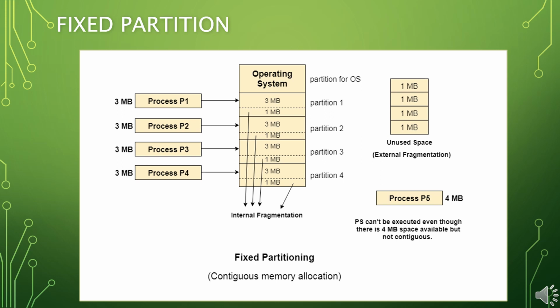This size is defined at the time of system generation, and whatever partition size is defined, it cannot be changed. So this partition is also known as static partition. Who decides the partitioning? It is the system manager who decides the partitioning when a system is generated.